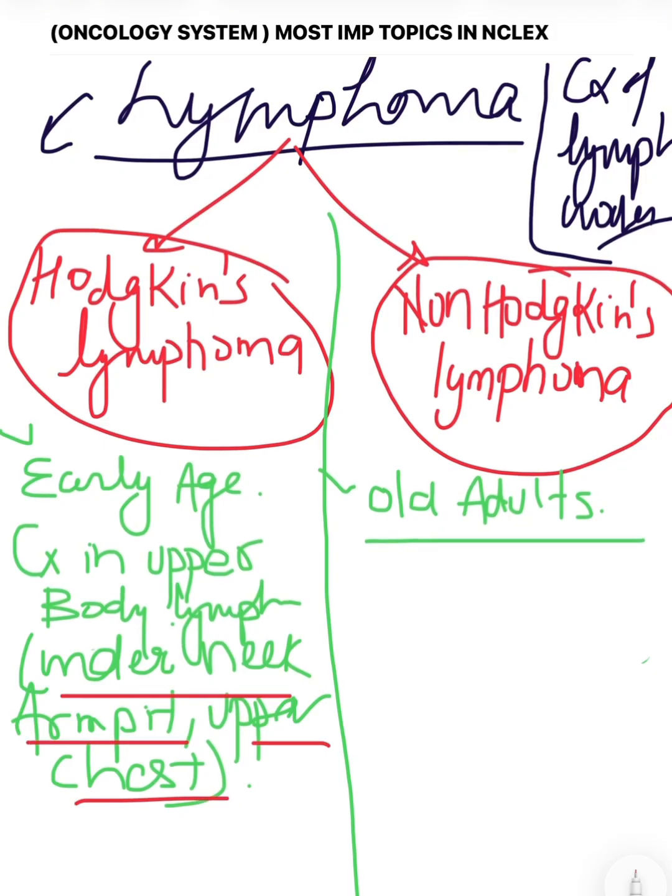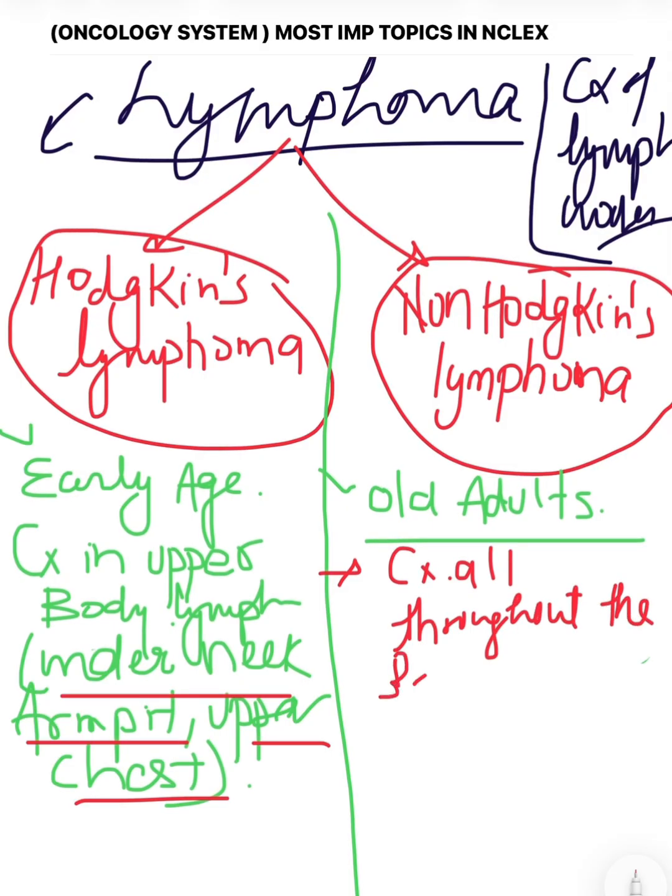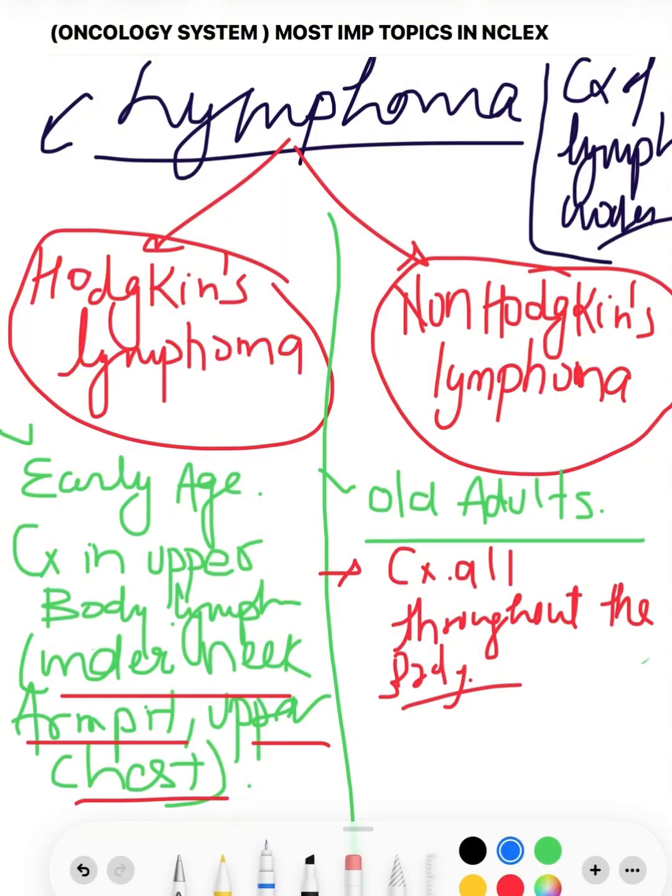In non-Hodgkin, the cancer is all throughout the body. I repeat the second point: Hodgkin is in the upper body, under neck, armpit, upper chest, while non-Hodgkin is all throughout the body.